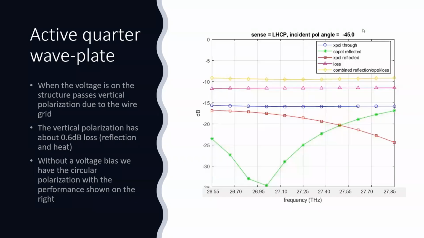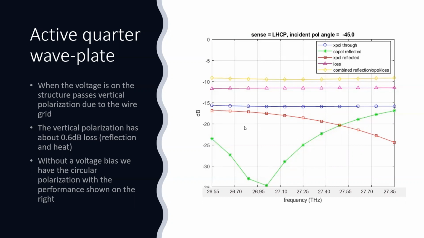Here we see the performance again. The vertical axis is dB and the horizontal axis is the frequency in terahertz. And we see the different sections of this. There's some reflection off the structures. This is the vertical pole that is reflected back, and there's some cross-polar energy that is reflected as well.